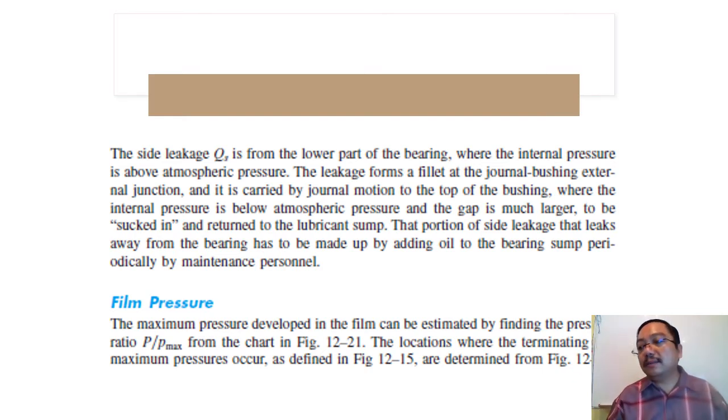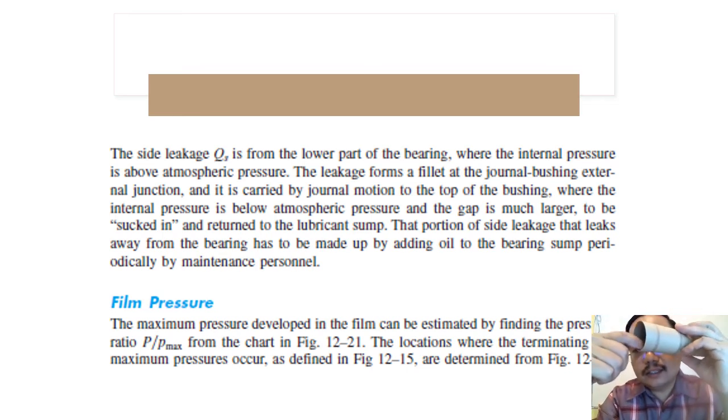What does it mean? When the journal is going down, the bottom has a higher pressure than atmospheric, and the upper part has a lower pressure. So with the pressure difference, when it goes up, the lubricant goes up also.